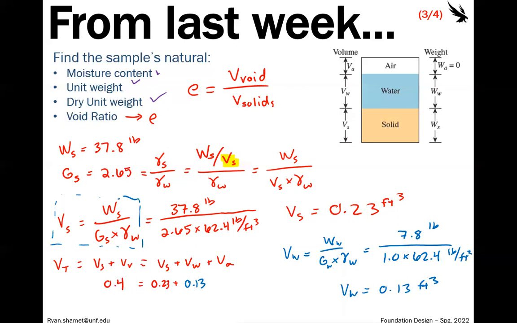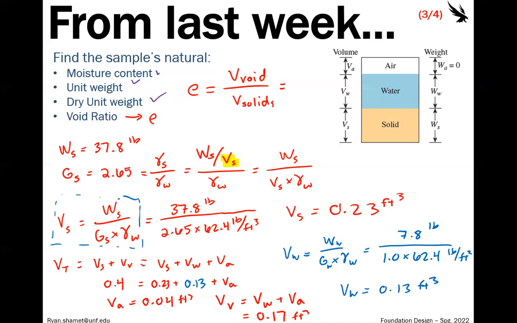So now what we need to do is just find the volume of air, and just by subtracting that out, volume of air is equal to 0.04 cubic feet. And that is equal to 0.17 cubic feet. We know everything. Sorry if that's a little low.